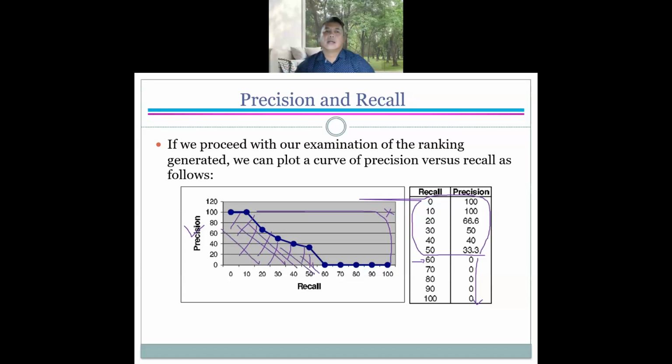If we have two systems with different plots, we can measure the area under the curve, or AUC, and the one that gives you a higher value means the system is better compared to the one that has a lower area under the curve.